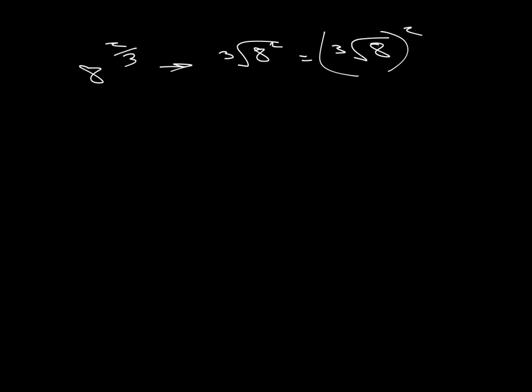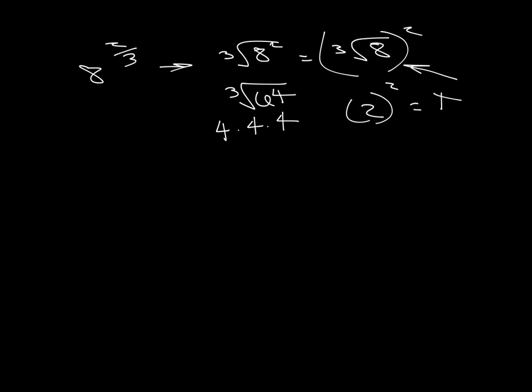If we want to take the cubed root of 64, we have to find what number times itself 3 times gives me 64. Whereas this one over here, we can take the cubed root of 8 and get 2 and square it and get 4. So we get the same answer either way. It's just some ways are easier than others to solve.